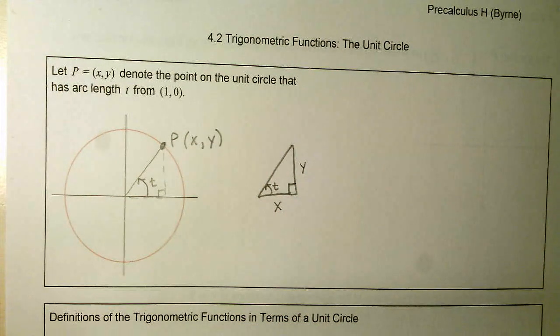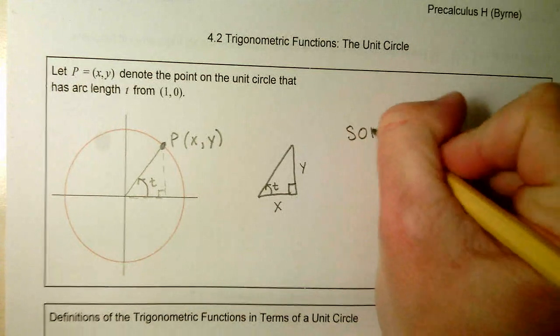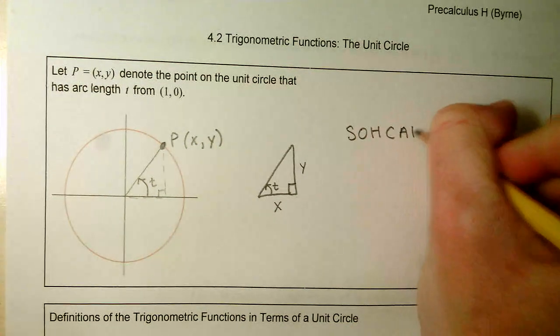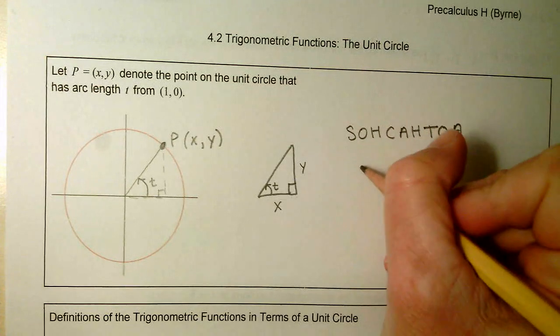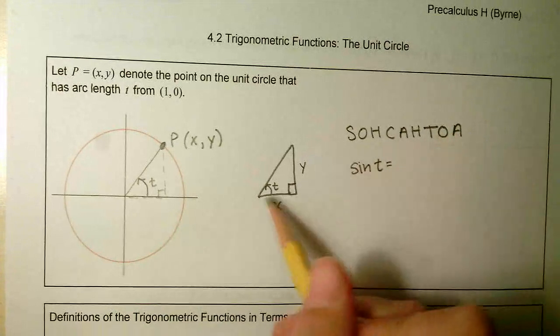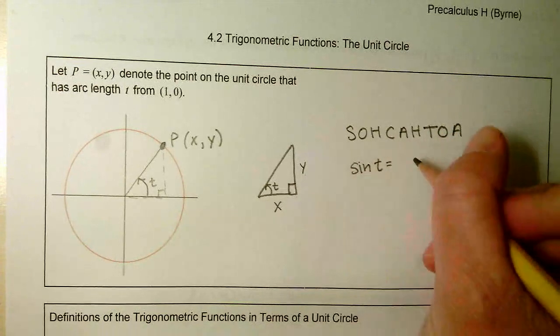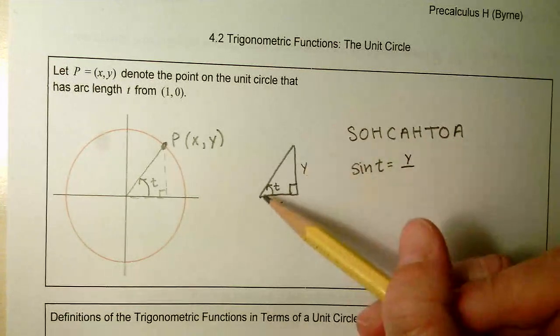So if we go back to right triangle trigonometry, we have SOHCAHTOA. If we want to find the sine of t, it's going to be equal to our opposite, which is y, over our hypotenuse.